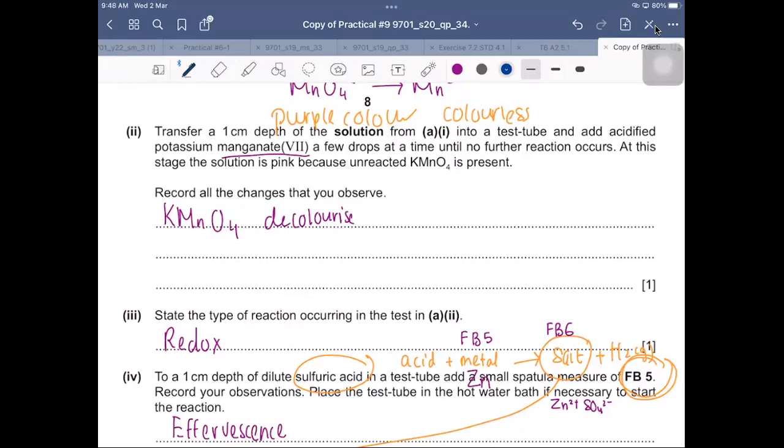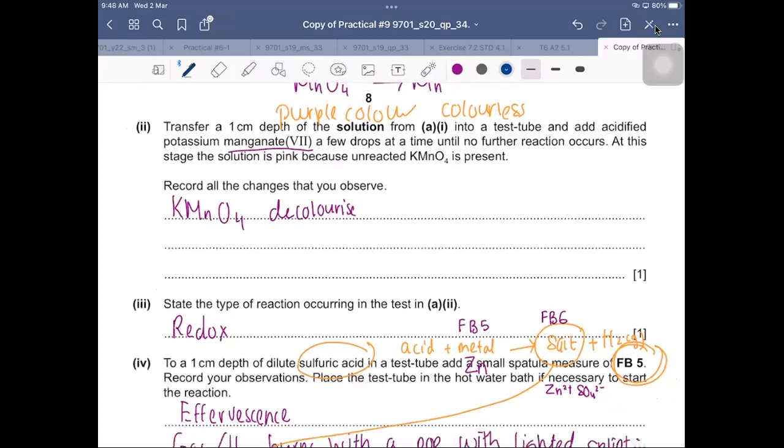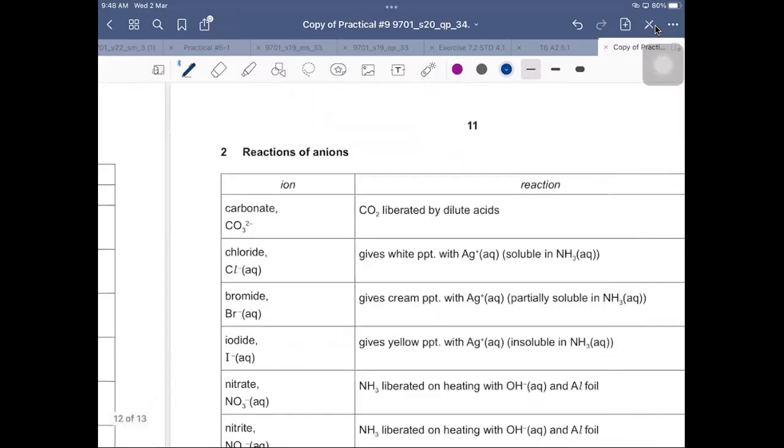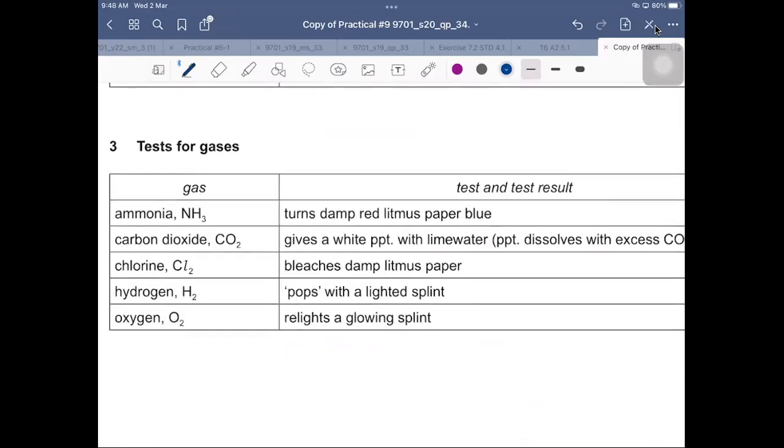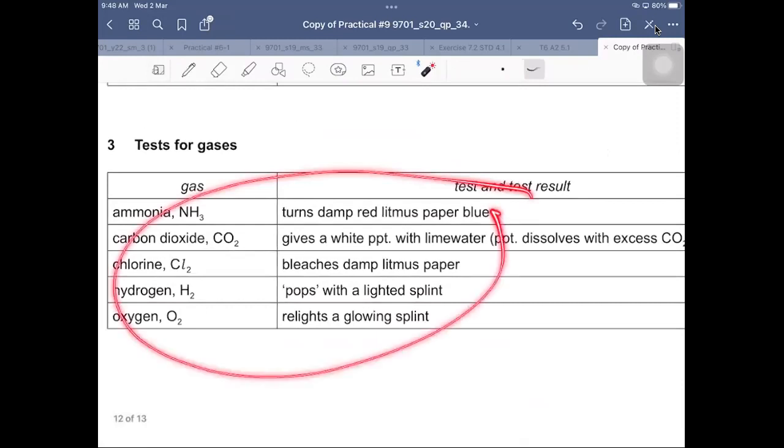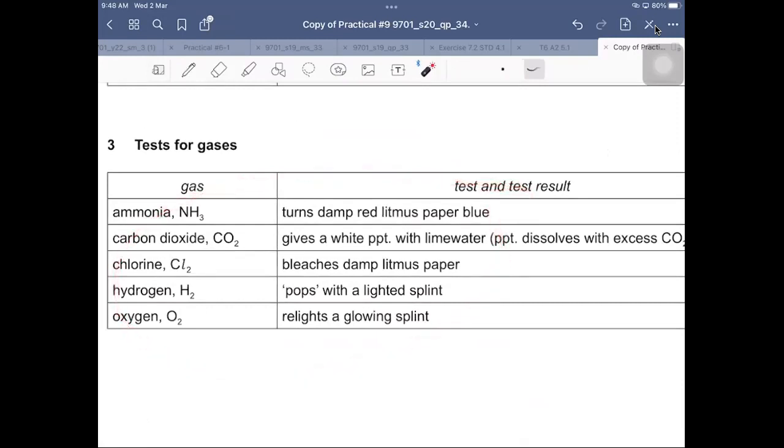So when you're adding acid, in this case sulfuric acid, the gases that you want to try are hydrogen gas or carbon dioxide. Do not try to attempt all the gas tests here. Every time you say effervescence, you can have ammonia, carbon dioxide, chlorine, hydrogen, and oxygen.